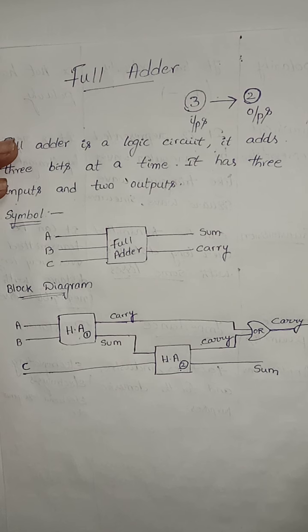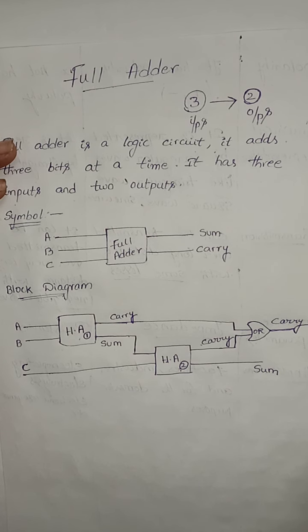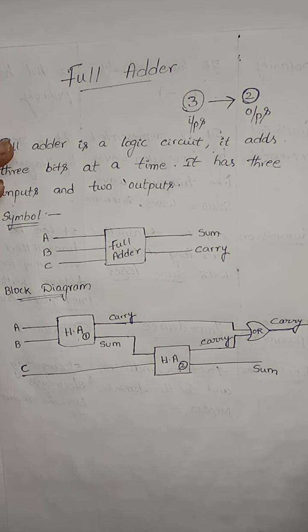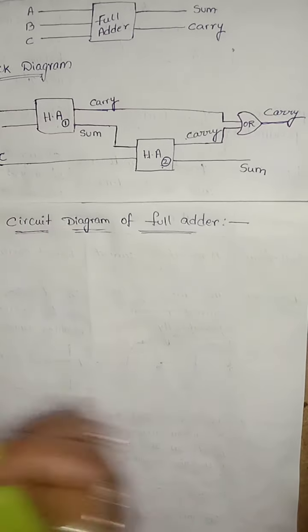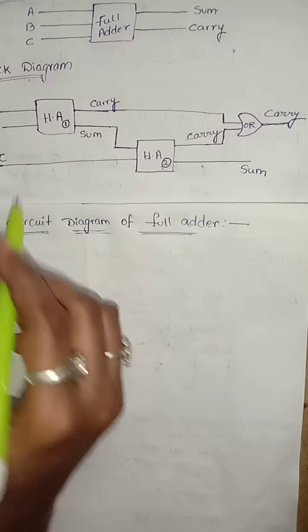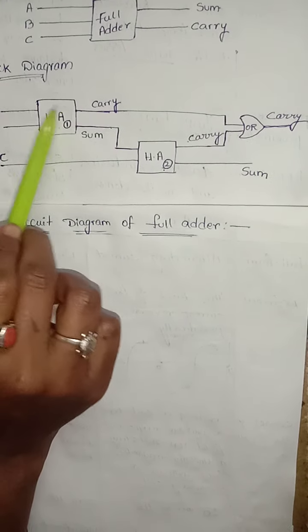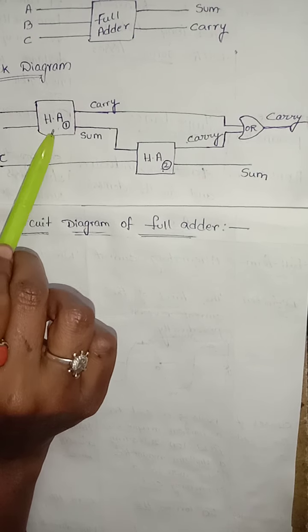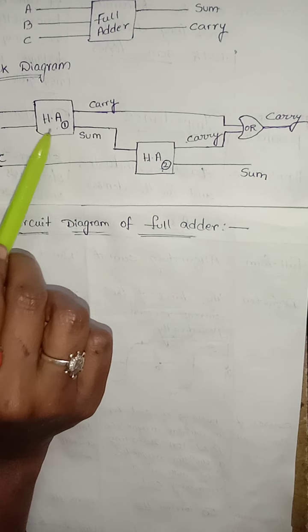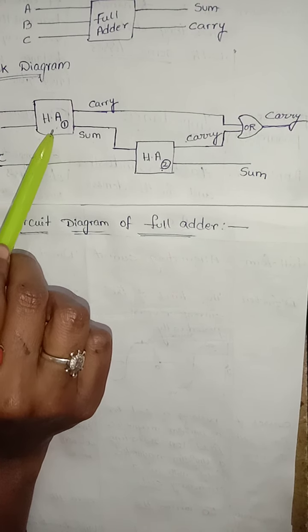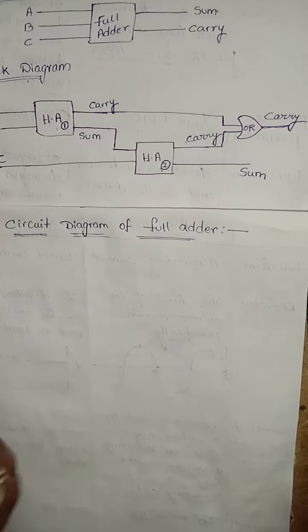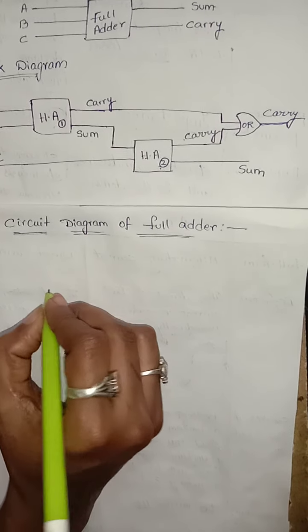Next, coming to the circuit diagram of the full adder. First, we construct the half adder. For the half adder, we require one XOR gate and one AND gate.